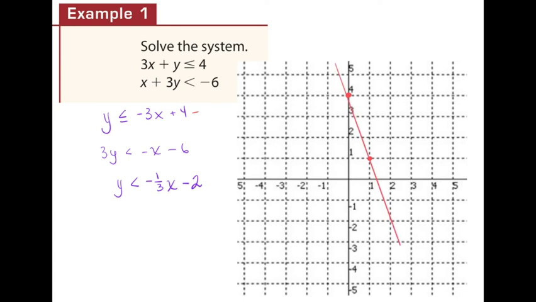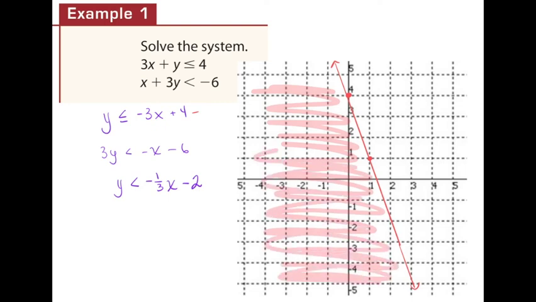And so if I look at this, it is less than, which means I'm going to go below this line. And so if I were to shade below this line, it would look something like this, everything on this side of the line, because that's where my y values are going down if I look at my y-axis.